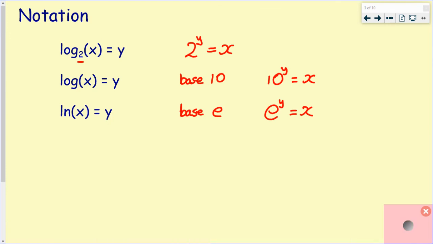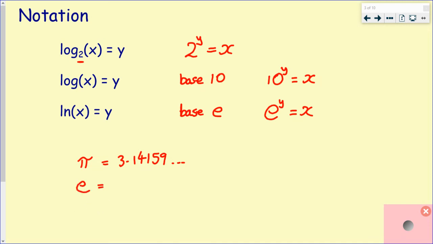So what's e? Well, you all know that pi is a number, 3.14159, something, and it's an irrational number. We can't write it down perfectly in decimal form. e is a similar number to that.